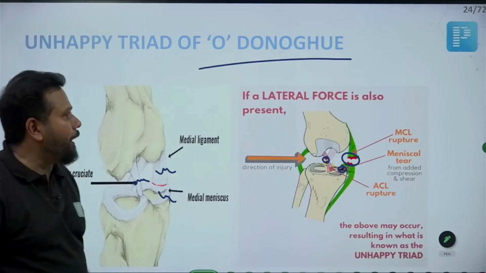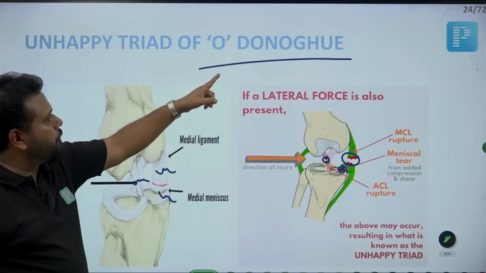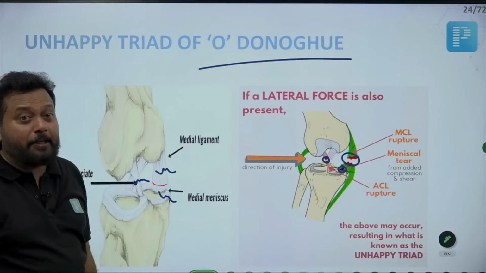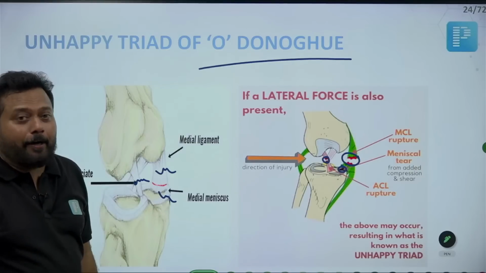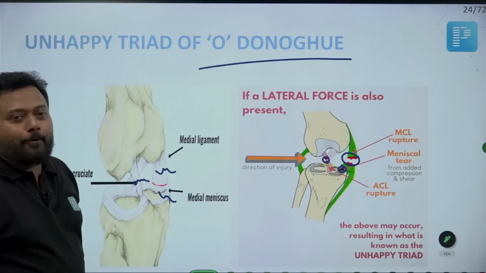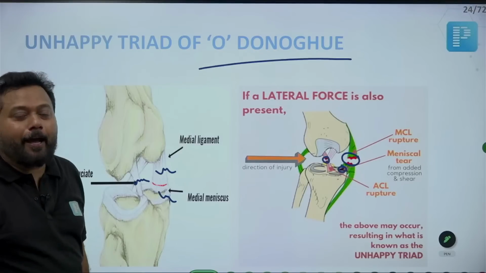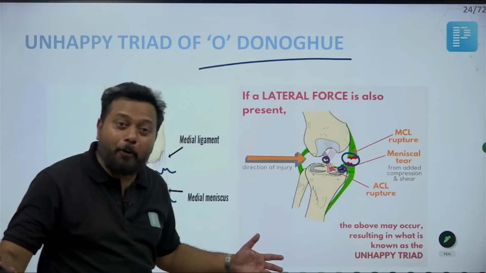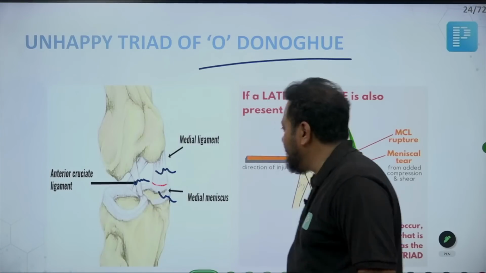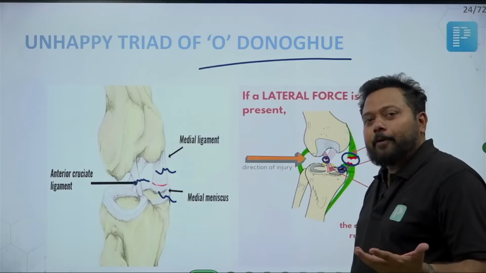How to pronounce that? Spelling is O-D-O-N-O-G-H-U-E. It's an Irish word, not an English word. It's pronounced O'Donoghue. That's the pronunciation.